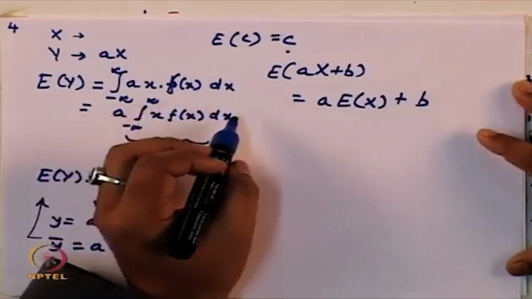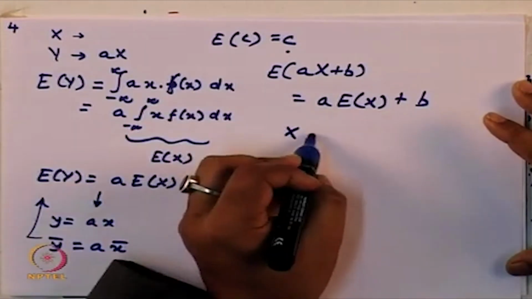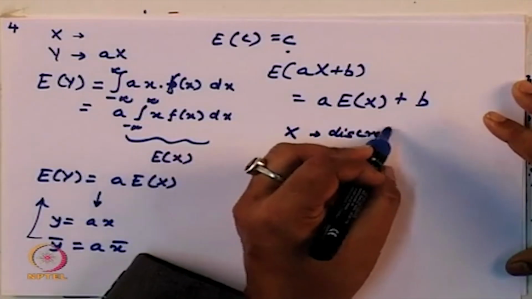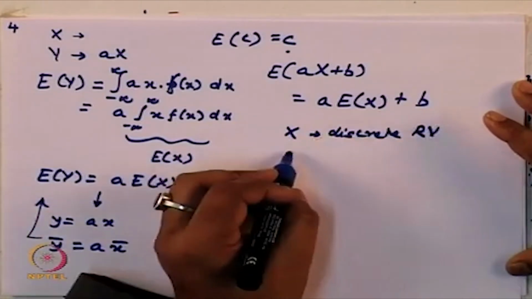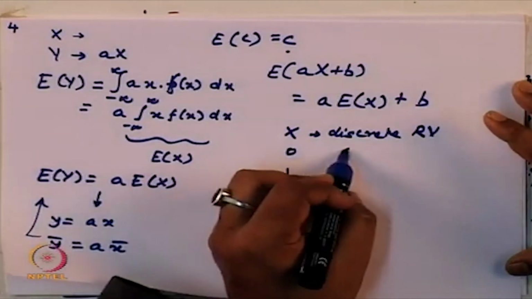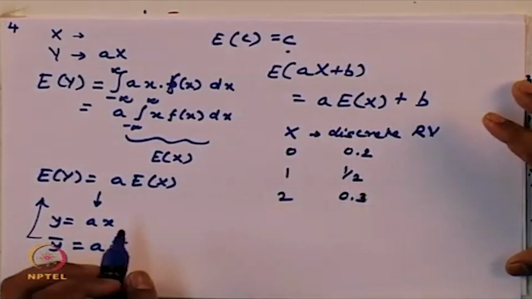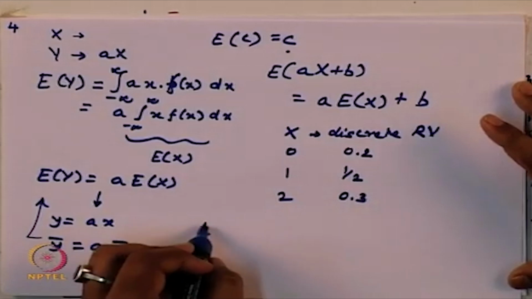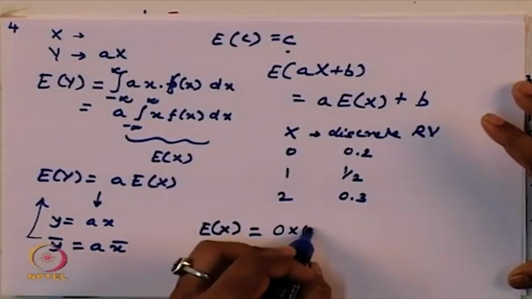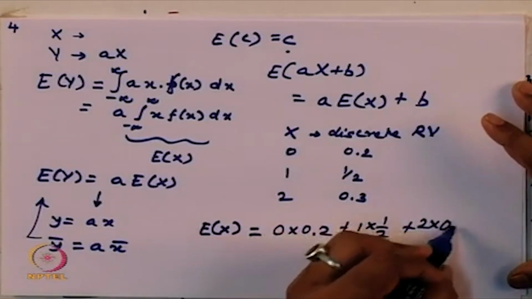Let us do a simple example. Let us say that x is a discrete random variable, which takes on values of 0, 1 and 2 with probabilities 0.2, half and 0.3. I can calculate the value of expectation of x as 0 into 0.2 plus 1 into half plus 2 into 0.3.